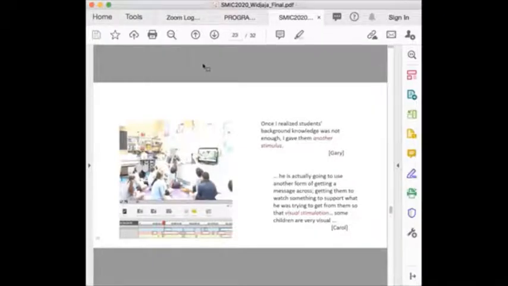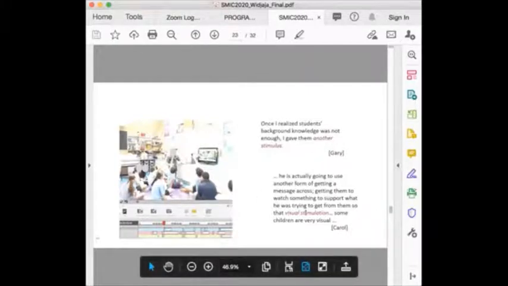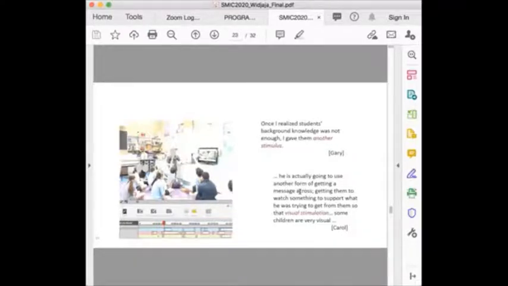The teacher adjusted his lesson by realizing that the students needed a little bit more support. Another teacher who looked at this video of the science lesson also identified this moment as a salient moment, and picked up the fact that the teacher used a visual simulation and the importance of that to support students who are visual learners, for instance.